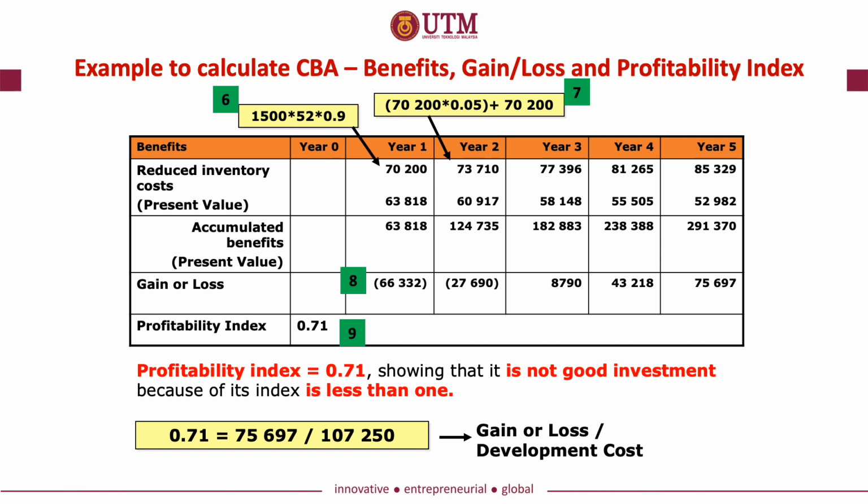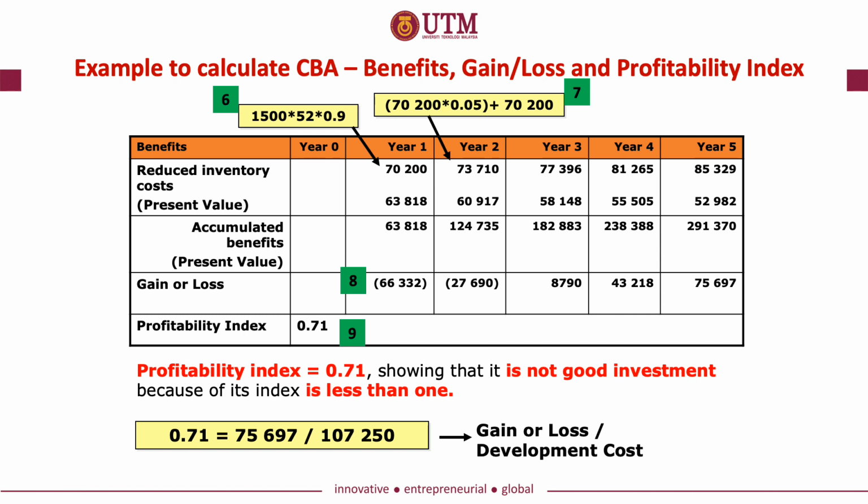In step 7, for year 2 until year 5, the asset value for inventory saving benefit should consider the annual change rate of 5% or 0.05 in numeric. For example, in year 2, the asset value for inventory saving benefit is 73,710, the total from the 70,200 of year 1, after 70,200 is multiplied with the annual change rate of 5% or 0.05.